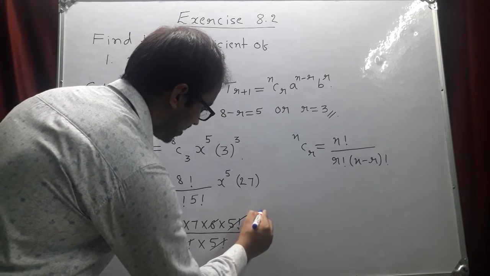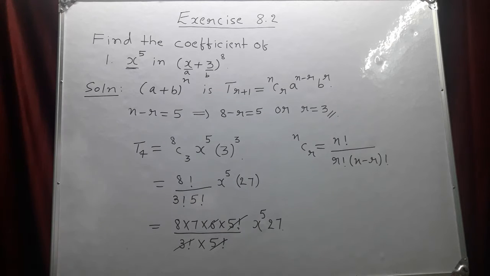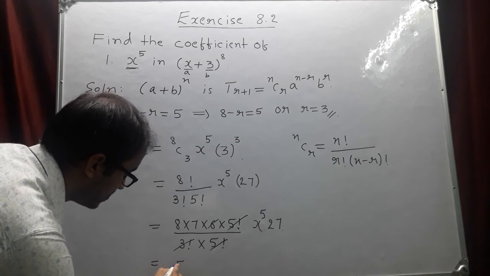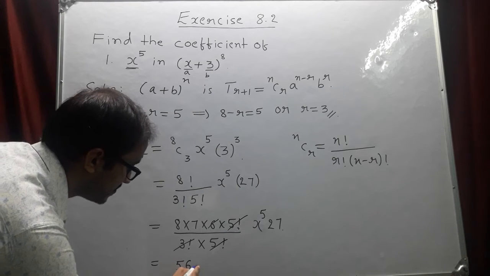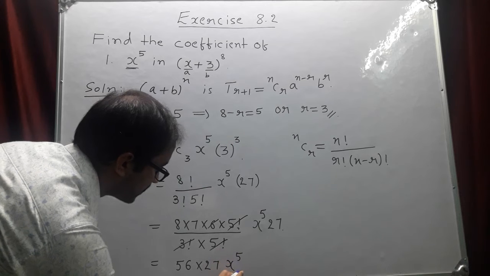So x power 5 into 27 equals 8 into 7, 56 into 27 x power 5.